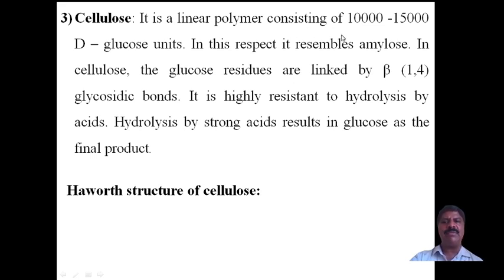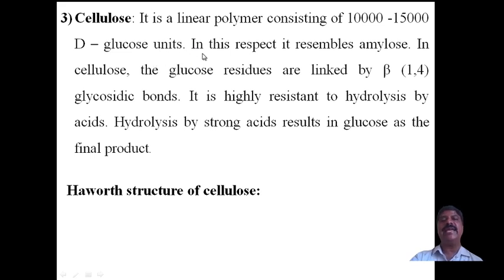It consists of 10,000 to 15,000 D-glucose units. Suppose the molecular mass of one glucose unit, C6H12O6, is around 180; multiplying by 10,000 or 15,000 gives the molecular mass of cellulose.